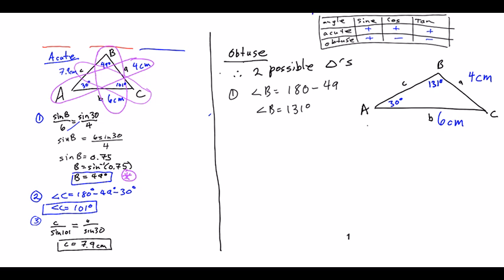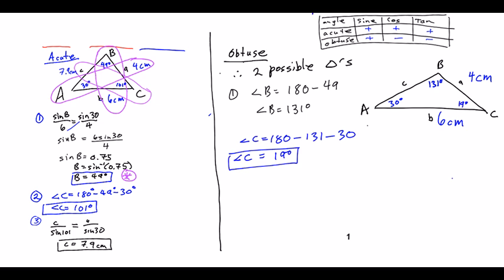Now, for this final angle, angle C, all you're going to do is calculate, well, angle C is going to be just 19 degrees. And how did we get that? Angle C was equal to 180 minus 131 minus 30, which gives us 19 degrees.